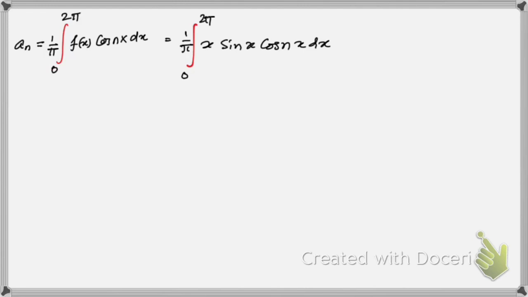Now first of all, what we can do here, you see 1 by pi, so half into half. Then you can write x into 2 sine x, or you can write first cos nx, then sine x dx.